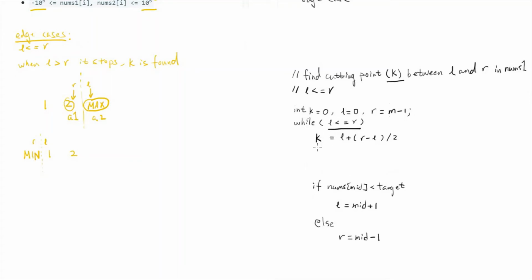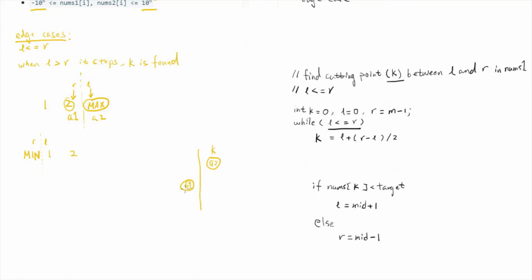First, we assign the k in the middle of L and R. So here is k. Now we don't compare the nums k with target anymore. Let's say we have cut here. And we already discussed that k is the position of A2. And we are going to compare A2 with B1.